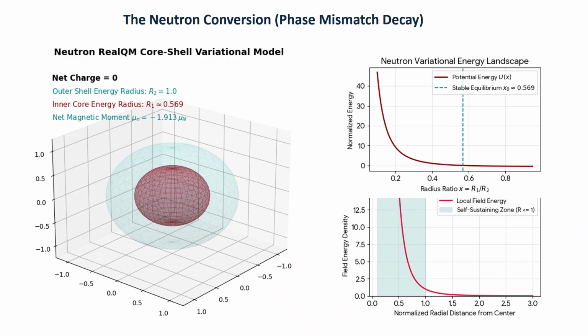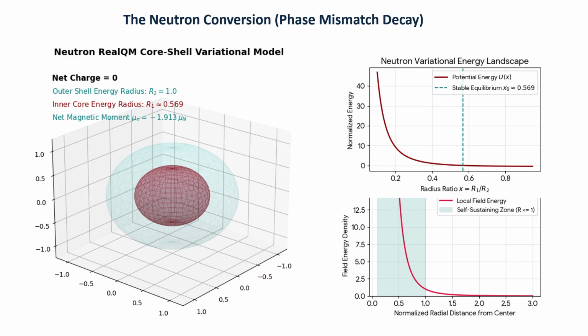In the papers you find on the neutron model, you will see the math that's behind the graphs here, the variational energy landscape. It's a variational model. We apply the principle of least action to calculate these trajectories, potential energies, kinetic energy, and we find that for the stable equilibrium, the radius ratio of the negative charge oscillation and the positive charge, R1 over R2, is about 0.569.